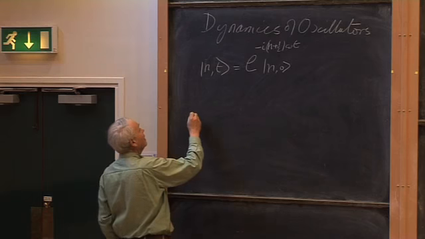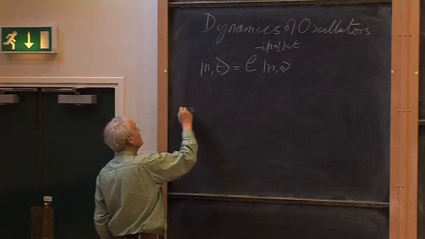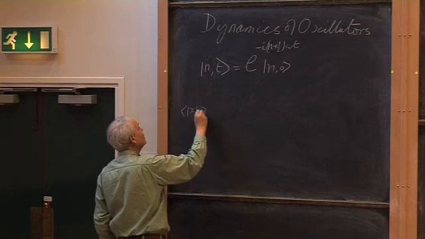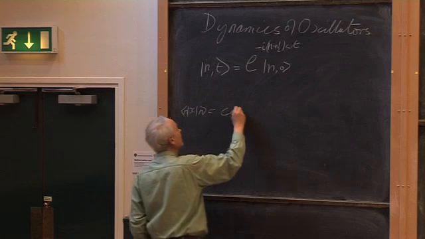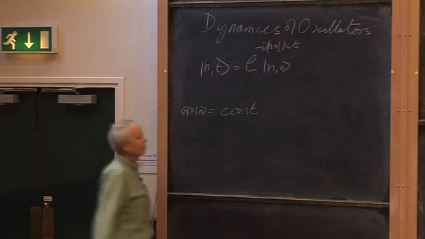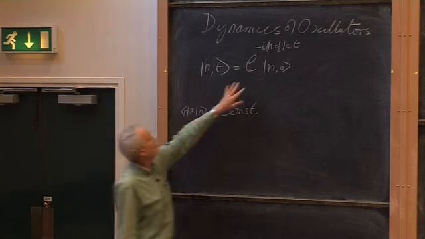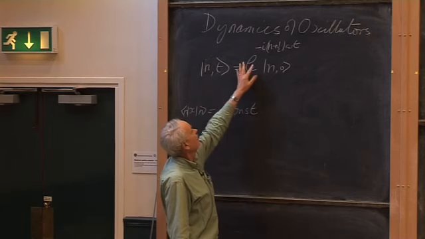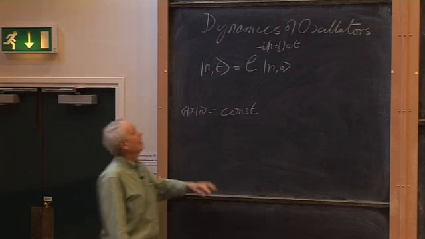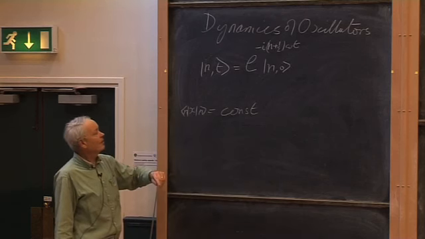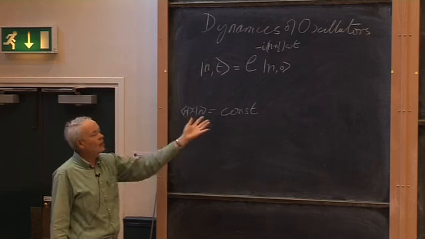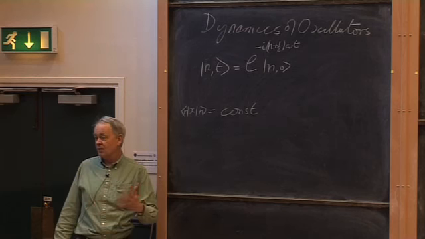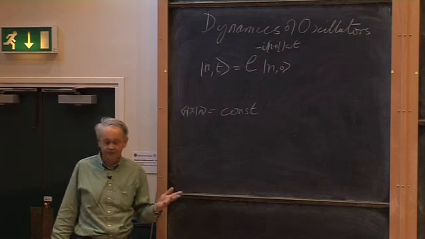So let's calculate the expectation value of x. If we do it for a state n, we know we're going to get a constant, because when we take the complex conjugate of this complex number, it will multiply together with the complex number over here and make 1. But we already know this. We already know that a stationary state has no time evolution whatsoever.